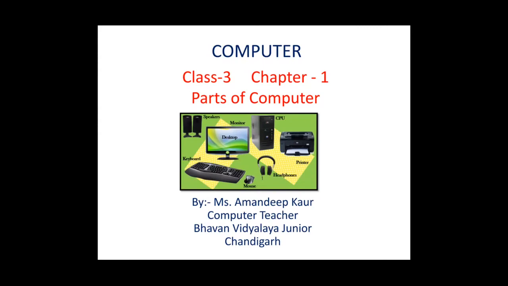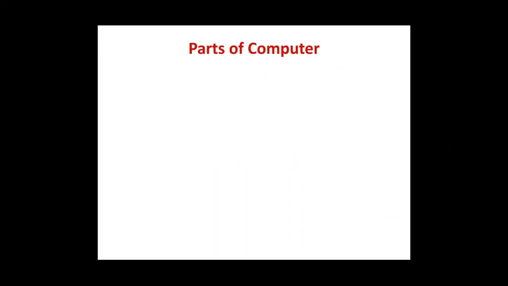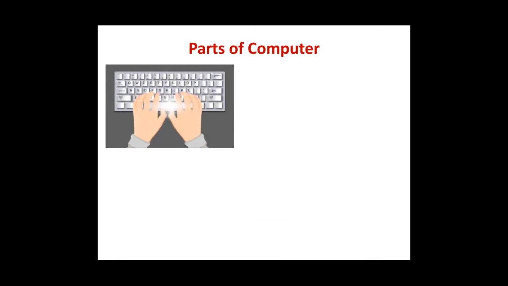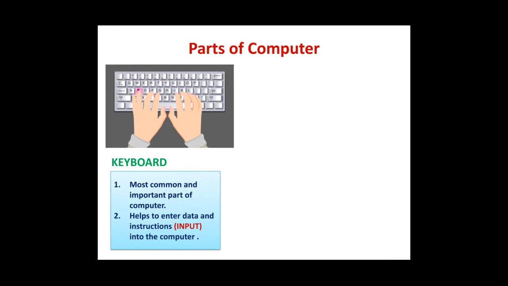Okay, so children, now I'll briefly explain the main parts of the computer, and first we'll take the most commonly used part, that is keyboard. Keyboard is used to enter data and instructions into the computer. That is, it helps us to give input to the computer.